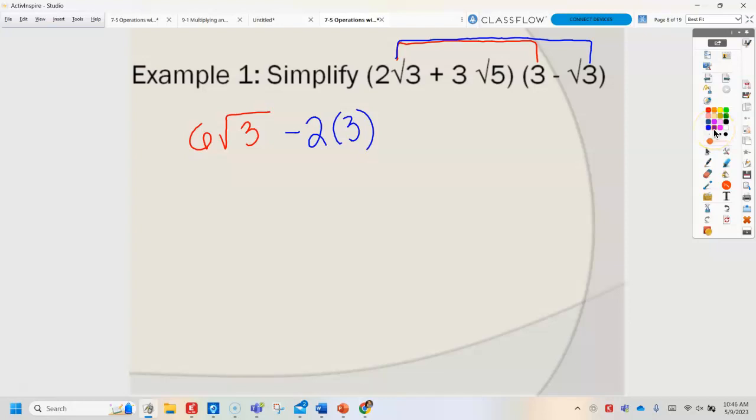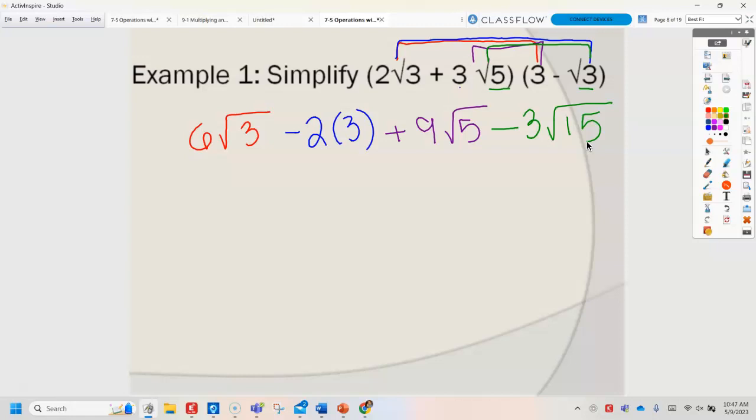Inner: number and number multiply together. No more square root for both terms, so that root 5 just tags along. And then last, a positive times a negative is a negative. The values underneath are different, so you multiply them together.